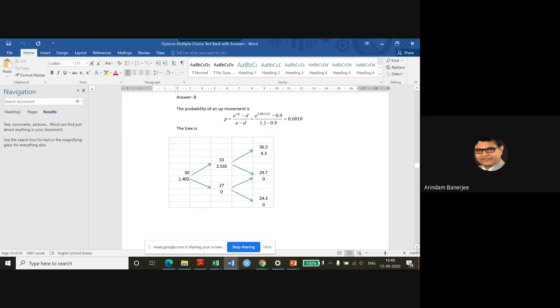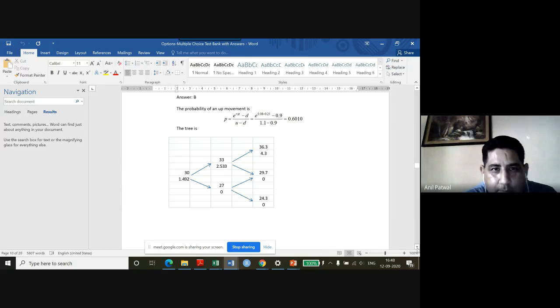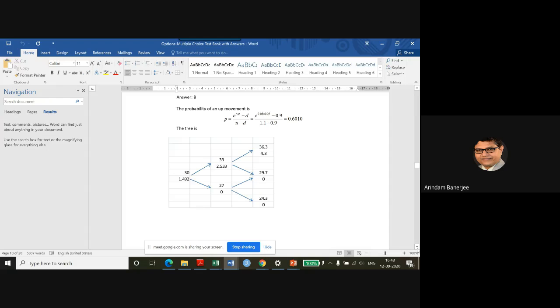The question is, when was it developed? Achha, the year. This Black and Scholes is around 72, 73, around 50 years back.